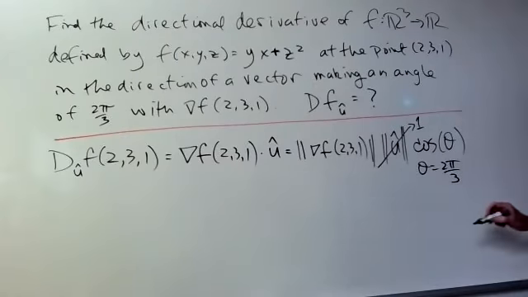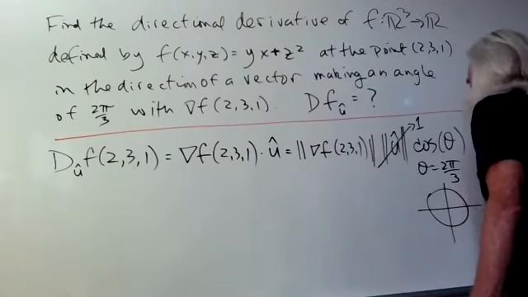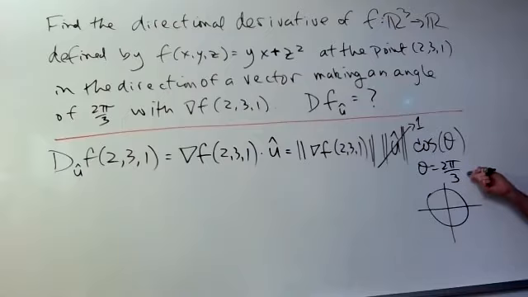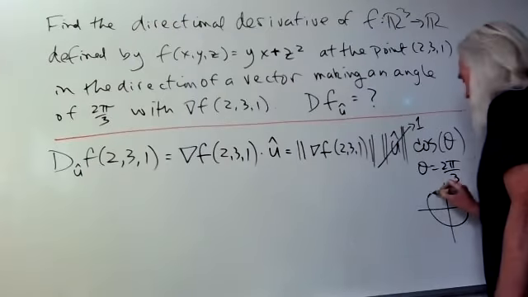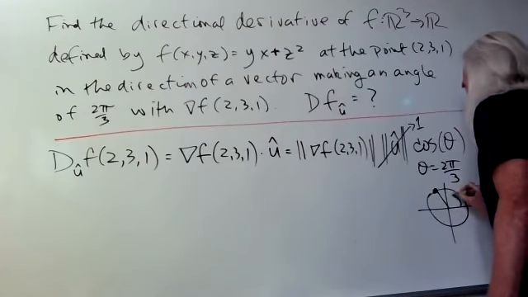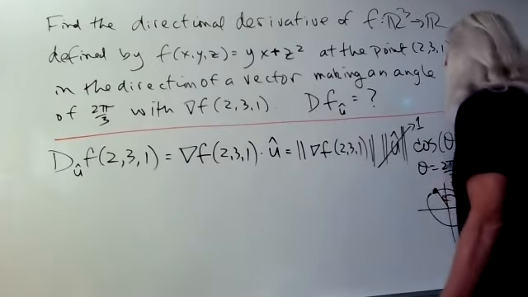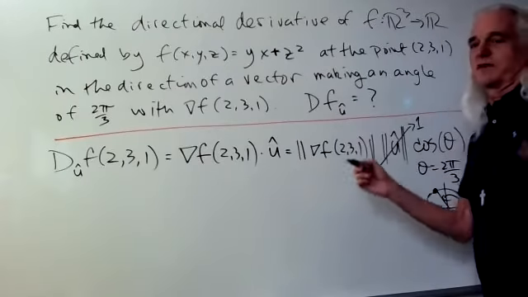Okay. And if I think about the unit circle, since the angle is bigger than pi over 2, it's not an acute angle, so it's probably best to think about the unit circle here. This is the angle, 2 pi over 3, a third of a full circle. So it's a little bit higher than it is to the left, and I know that the square root of 3 is coming in here.